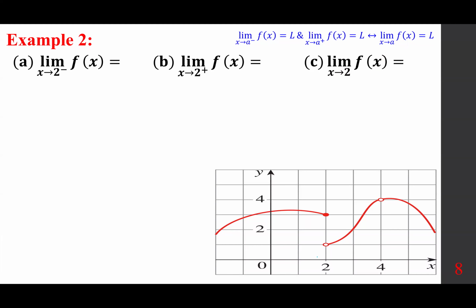So we are going to look at, here's number 2, from the left side of 2 along the x-axis. That means we are in this branch, and it's moving us towards this point. Remember, as far as the limit, we never get there. We get to it from the left, like 1.9999 and so on. So the y coordinate of this point is the limit value, and that is 3.